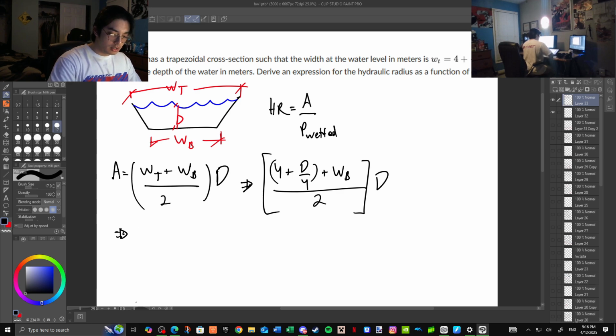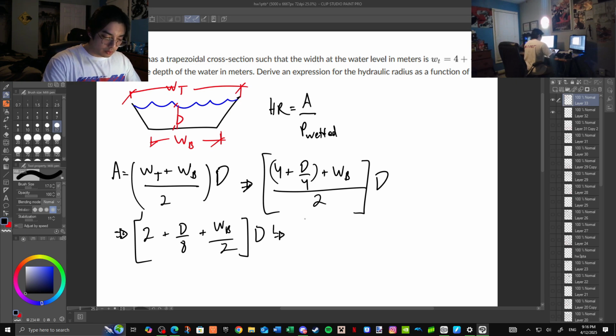We'll get 2 plus D over 8 plus WB over 2, and all this is multiplied by D. We can multiply it again if we wanted to. So in the end we'll get D squared over 8 plus WBD over 2 plus 2D.